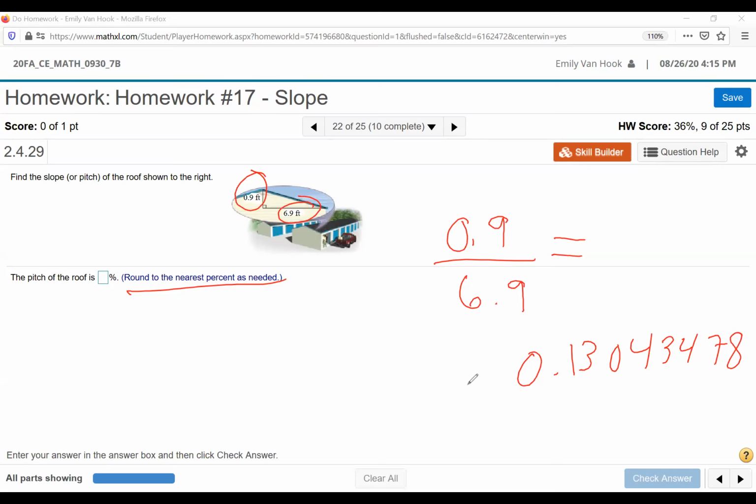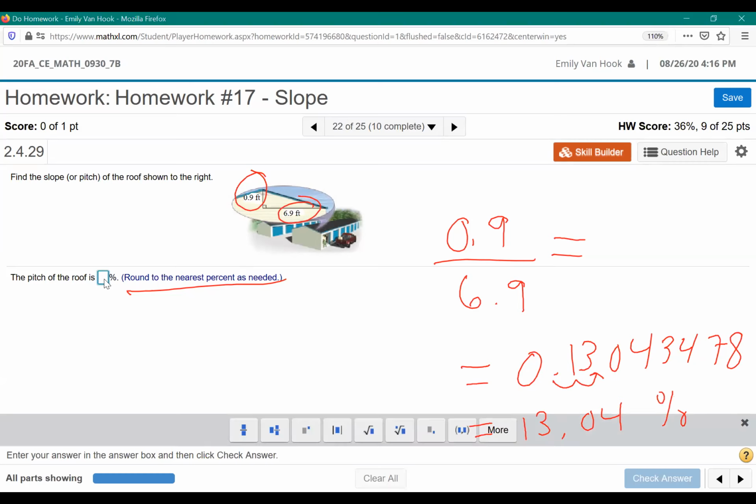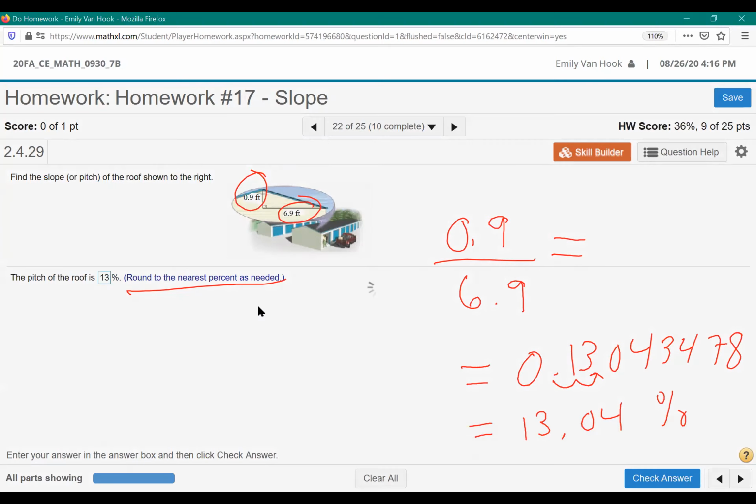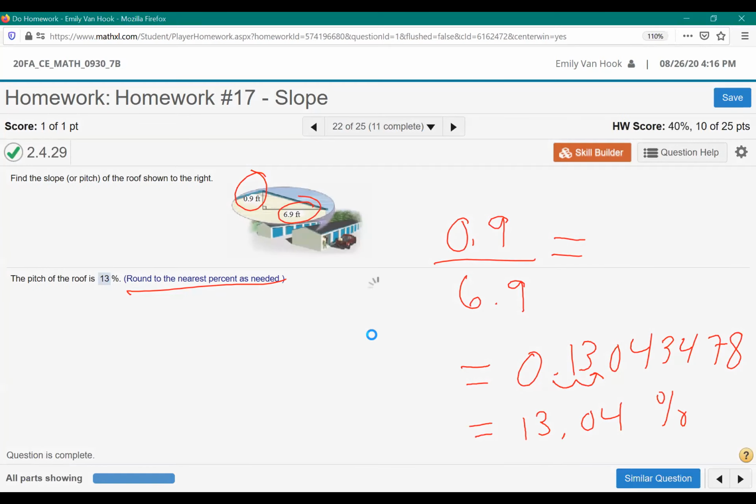To change that decimal into a percent, I would move the decimal twice to the right. So that would be 13.04%. The nearest percent is kind of like the nearest whole number here. So I'm just going to write 13% for my answer. That would be the nearest percent. Okay, good.